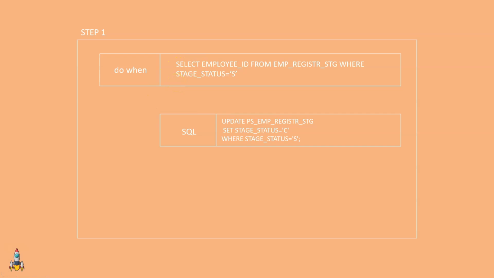It can be 5 rows, 10 rows, 1000 rows, or 0 rows. The way DoWhen works is, if the select statement inside the DoWhen returns at least one row, then the following actions will be executed. If the select statement written inside DoWhen does not return any row, then the following actions are not executed.